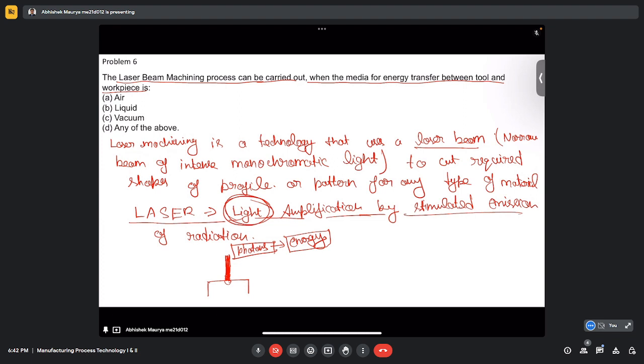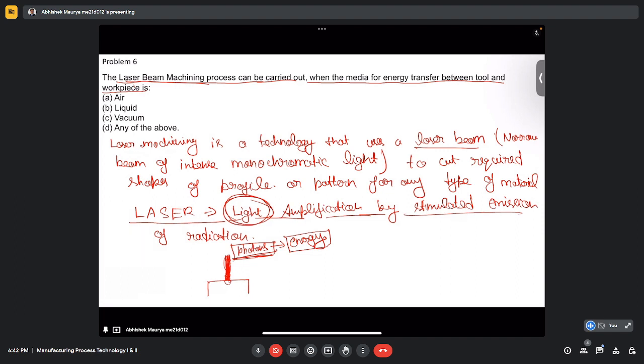The temperature becomes very high where material can melt, it gets vaporized, and sometimes it gets ablated also. This is the process by which material gets removed, and this is called laser beam machining.